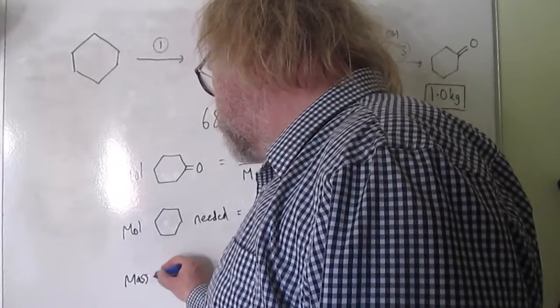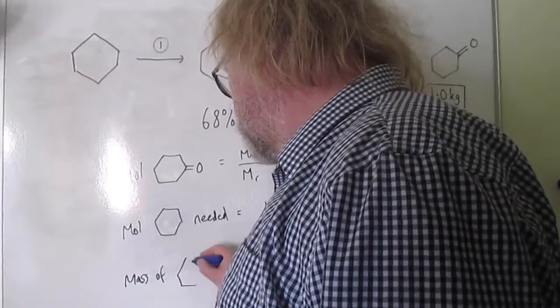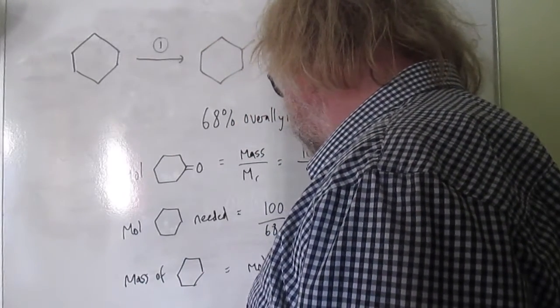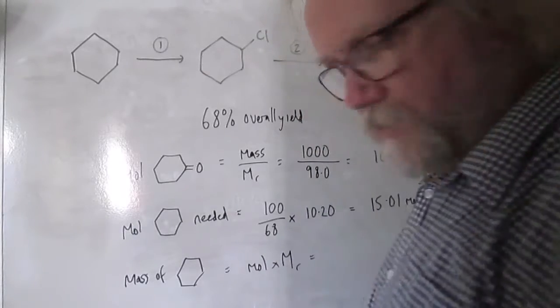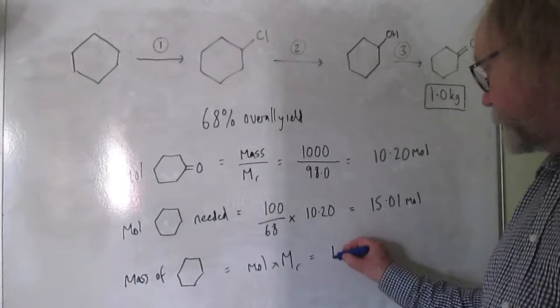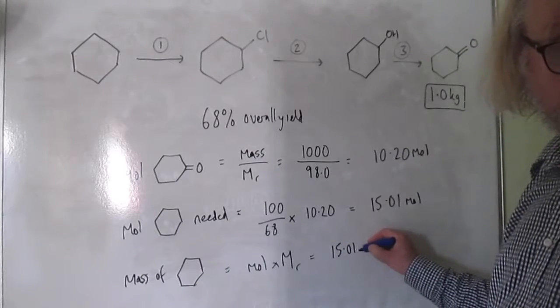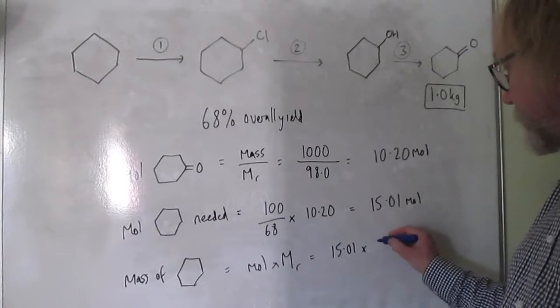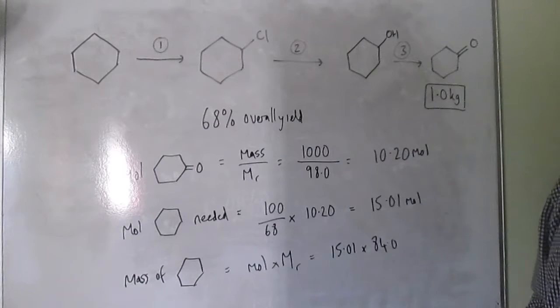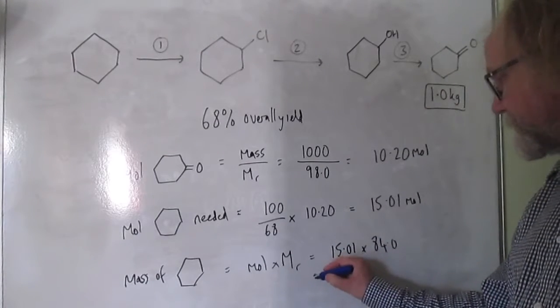So we get mass of cyclohexane is moles times Mr, which is 15.01 times 84.0 for C6H12, which is 1,261 grams.